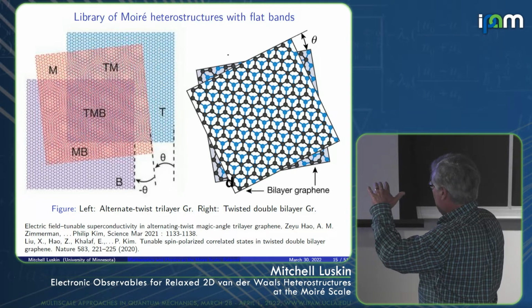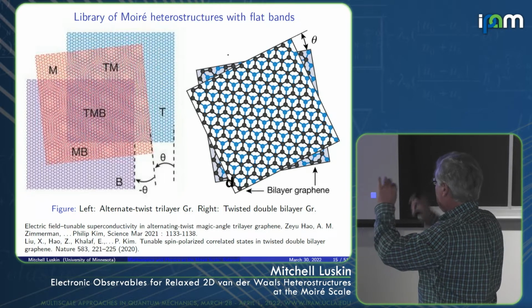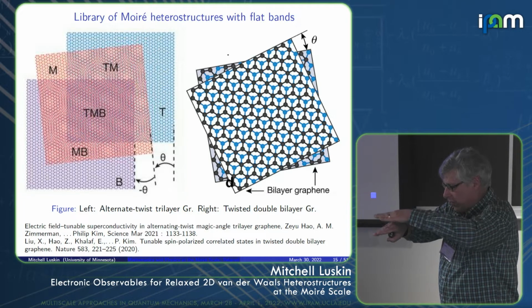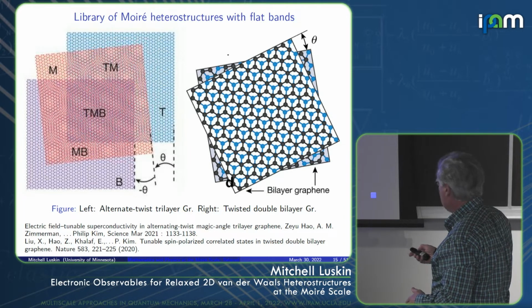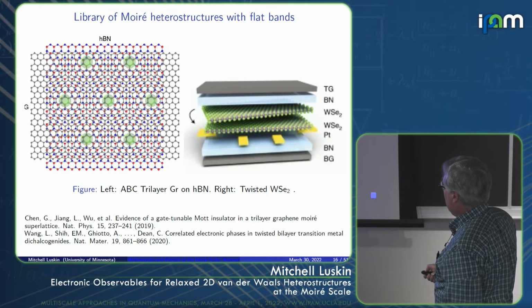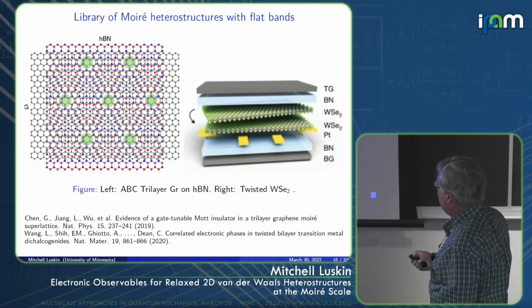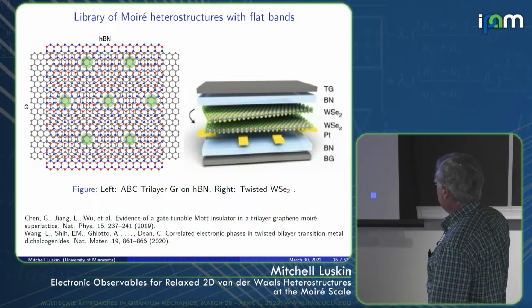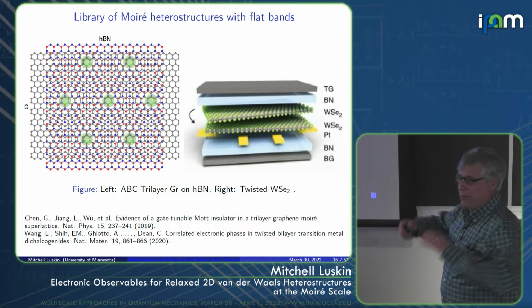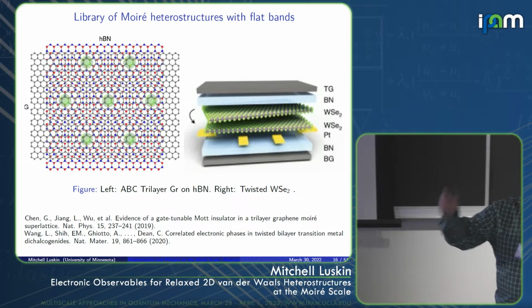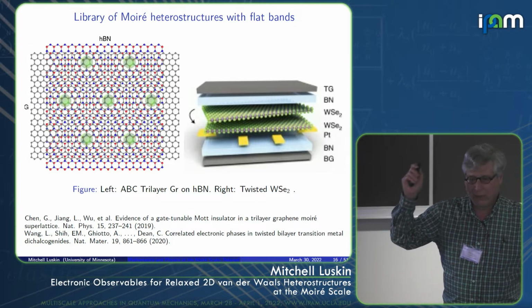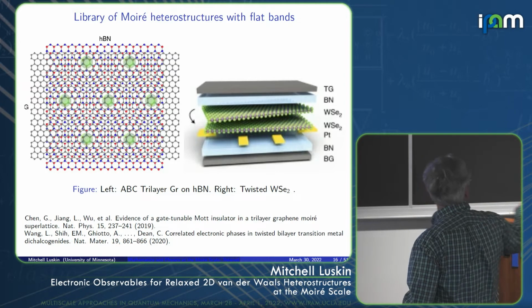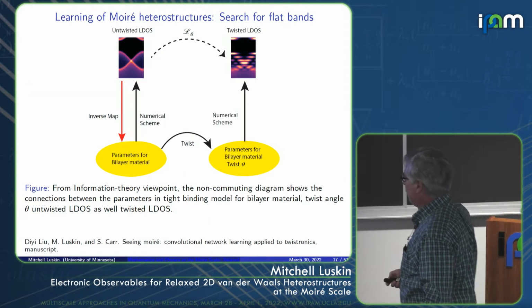This is the bilayer, then you twist that. Here's ABC trilayer graphene and hexagonal boron nitride. Here's twisted tungsten diselenide. So again, there are like 1,000 materials. People are exploring the whole realm. It's much bigger than the periodic table of possibilities.